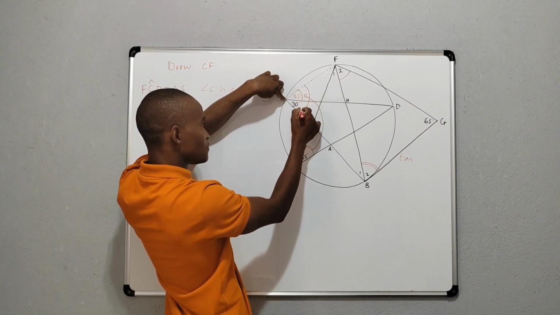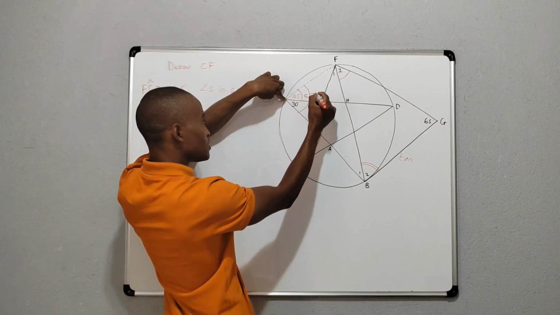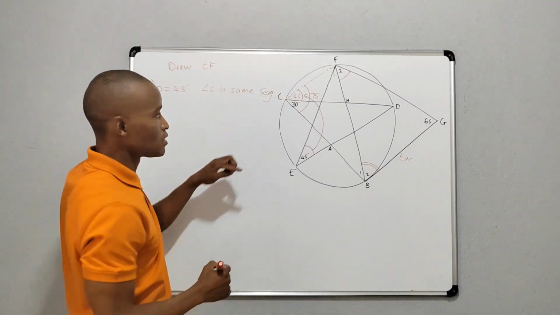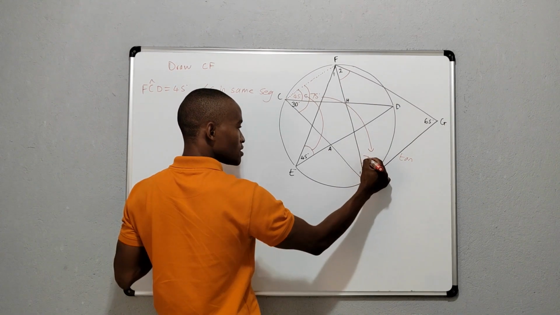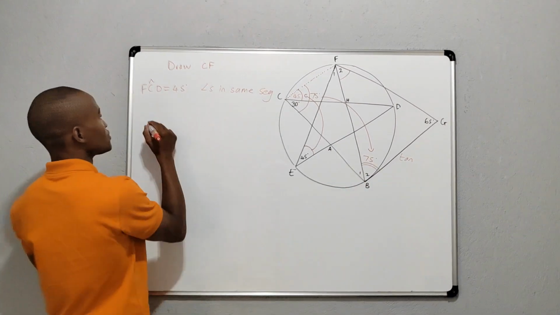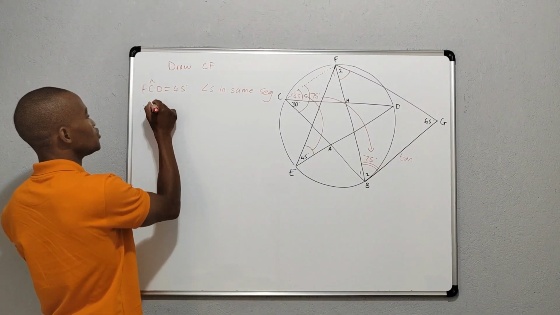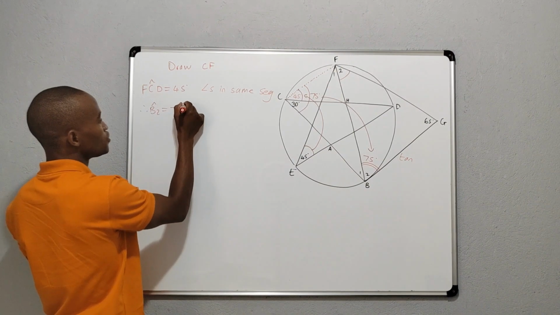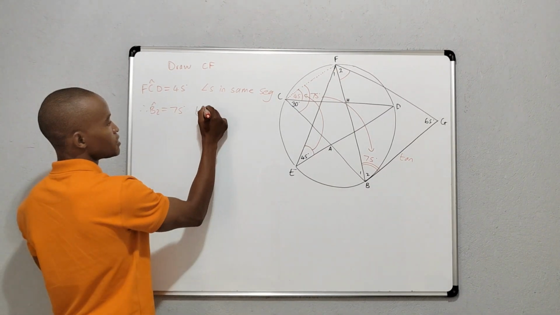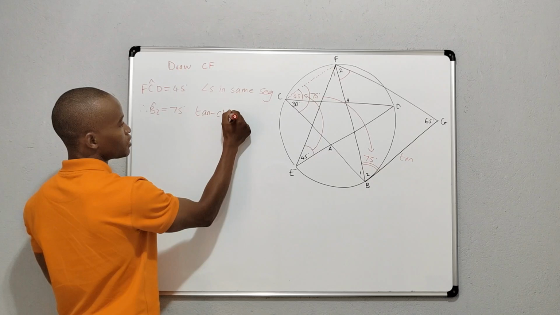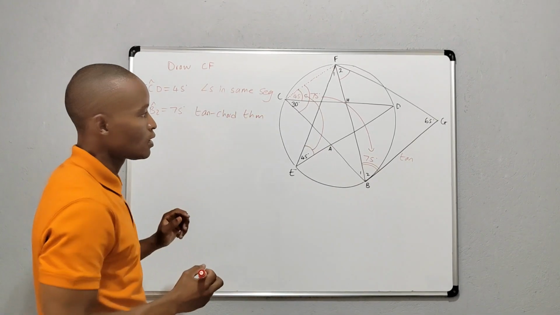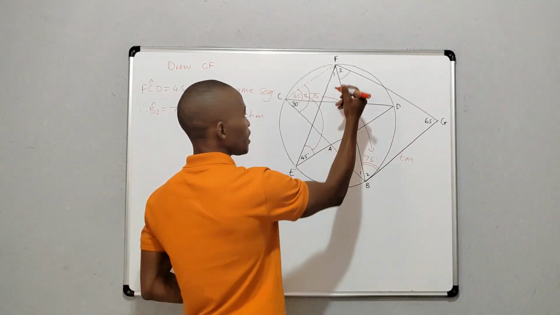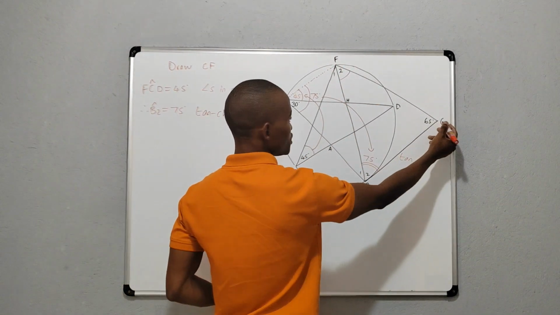So what is the full angle there now? 75 degrees, making this angle also what? 75 degrees. So therefore B2 is equal to 75 degrees by what? Tan chord theorem.